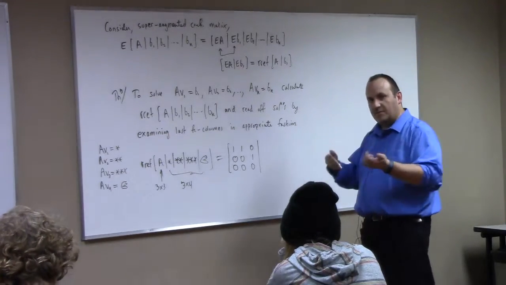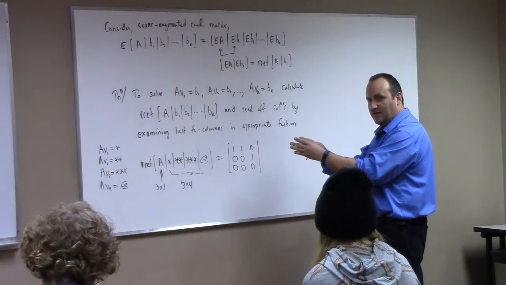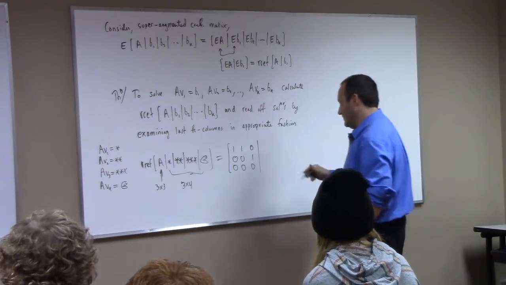So hypothetically, suppose I gave you a specific 3 by 3 matrix, I gave you a specific set of 4 in homogeneous terms, and it worked out like follows.